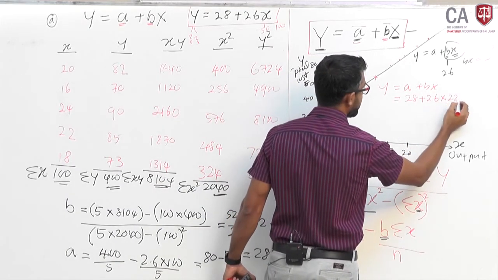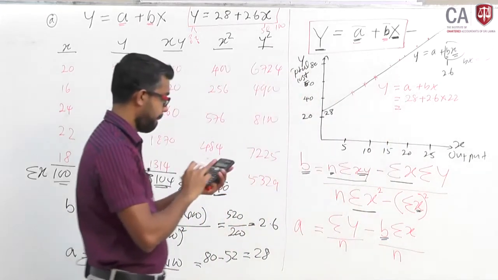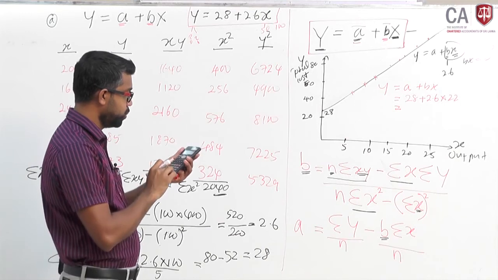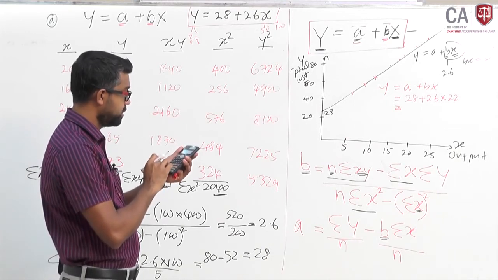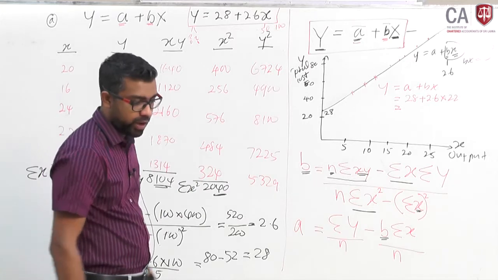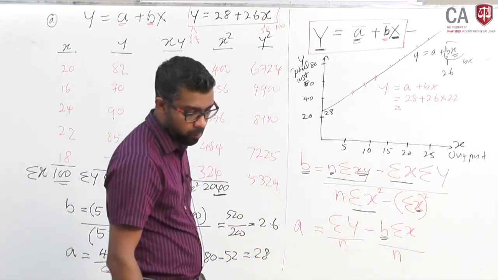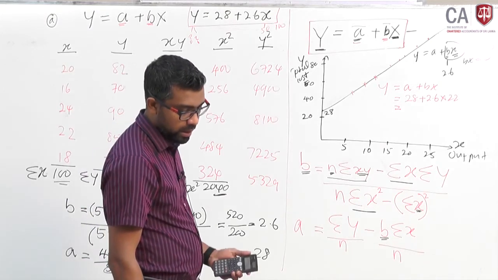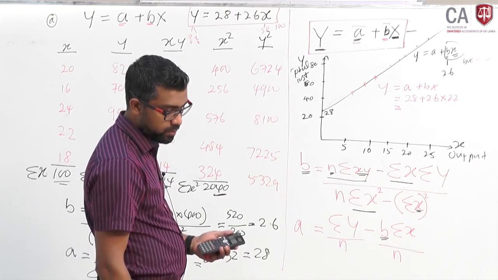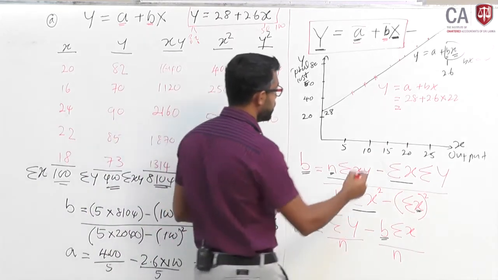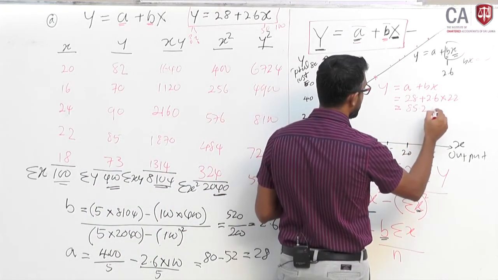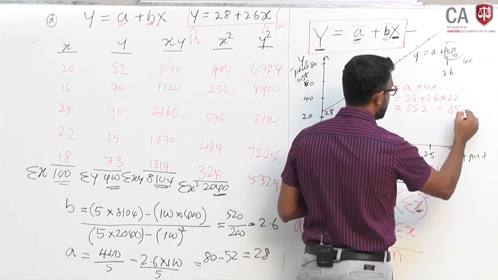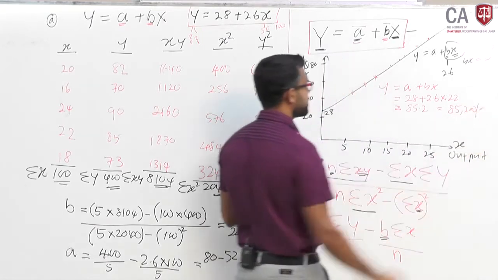X is 22. So 2.6 into 22 plus 28 is 85.2. 85.2 in thousands, if you take it, is 85,200. That's the total cost.